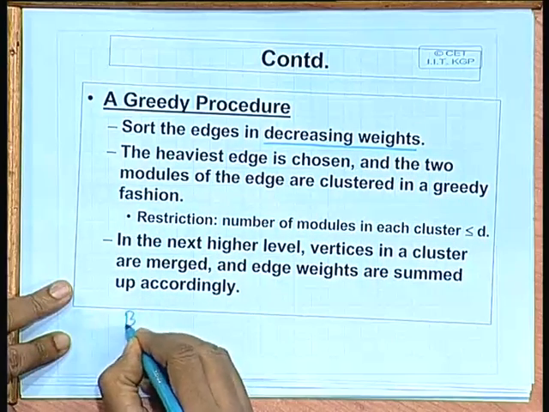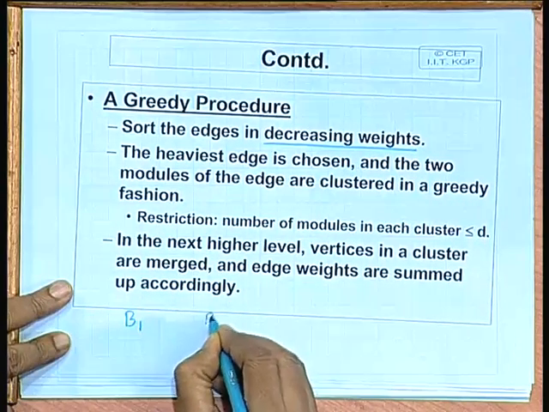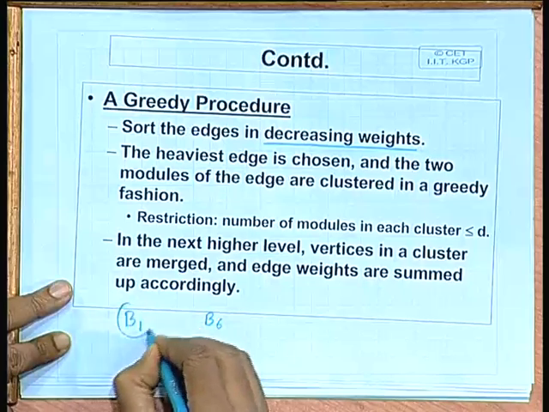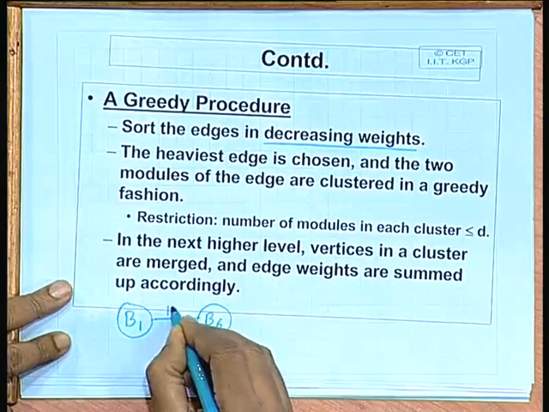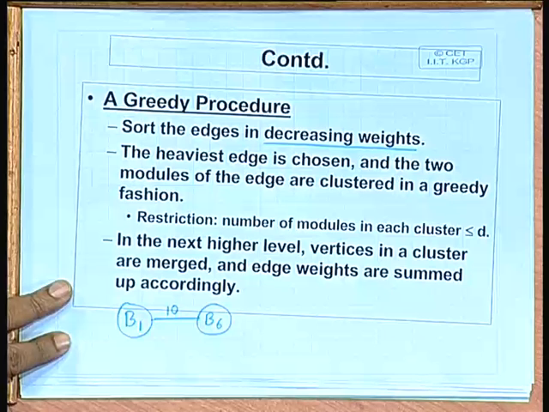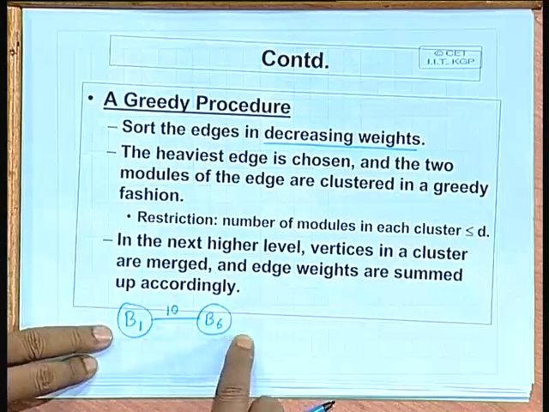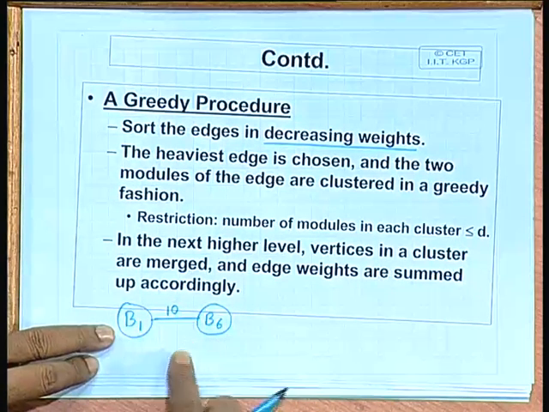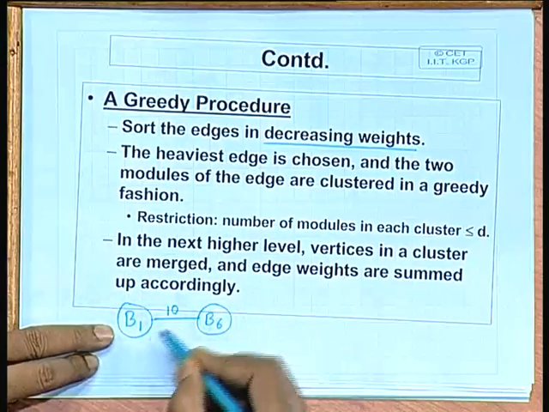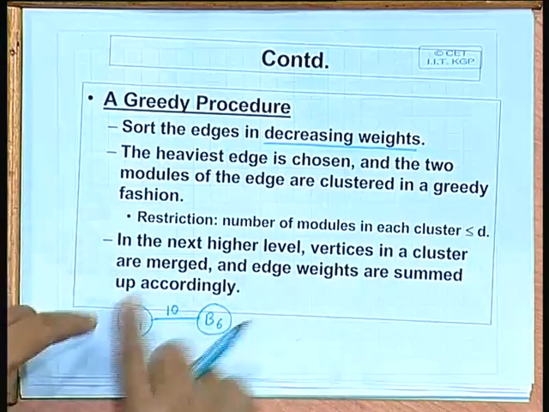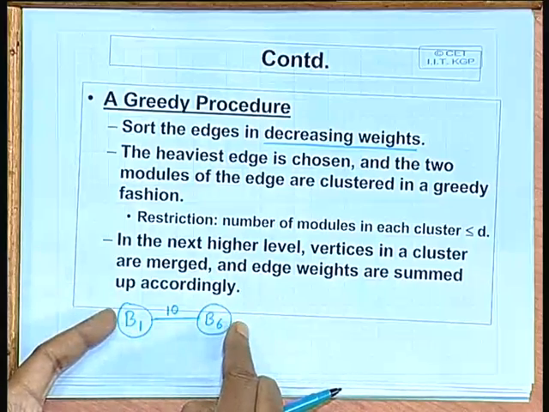Suppose you find that B1 and B6 are connected using the strongest edge with edge weight 10, say. These are the two you put in the cluster. Then systematically you try to add more blocks to the cluster which are most strongly connected to this set B1, B6.